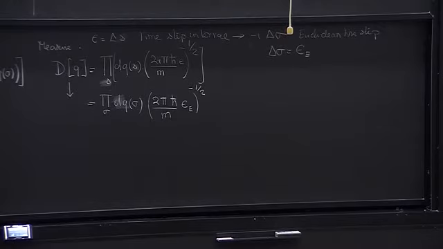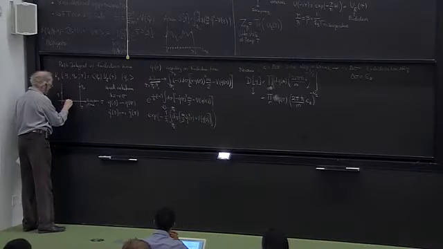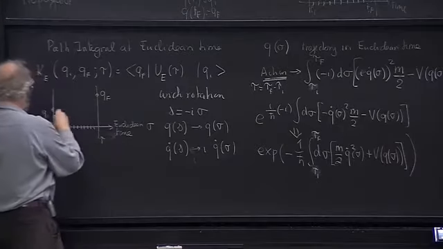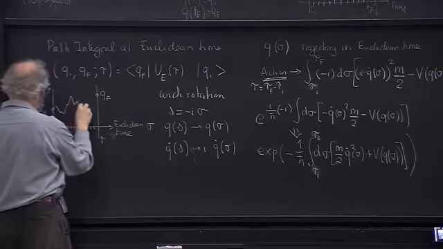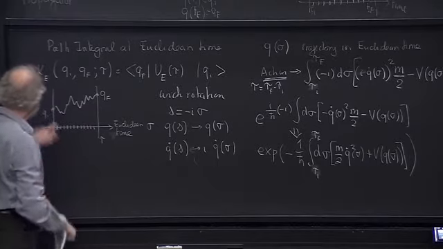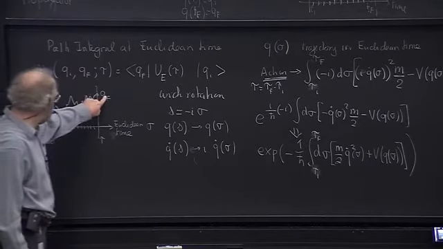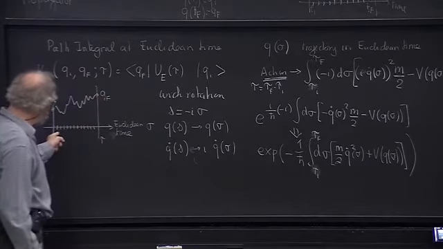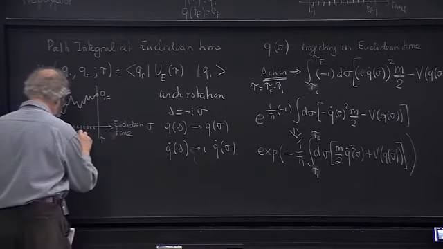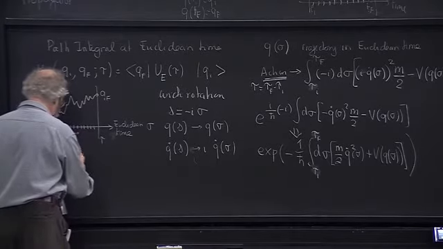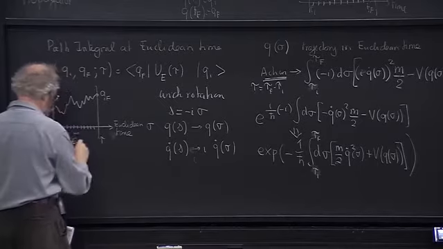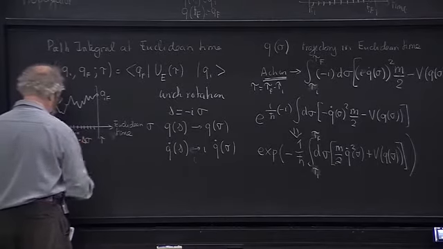The idea now is that when you perform Wick rotation, what you have to do is to consider all trajectories between the same initial and final condition, but now discretized by a time step epsilon Euclidean equal delta sigma.